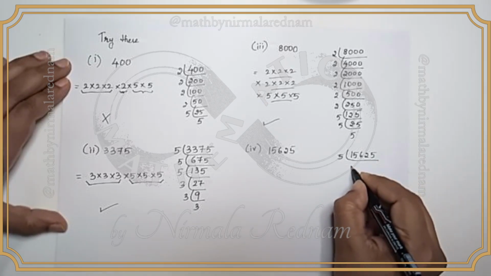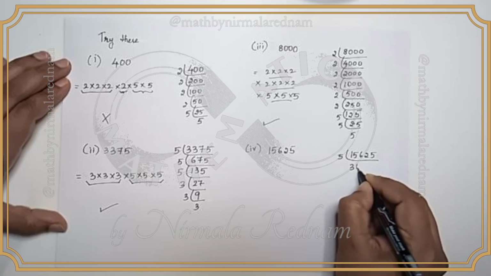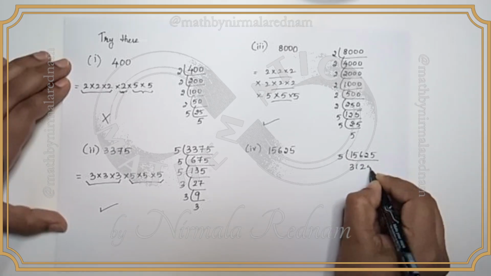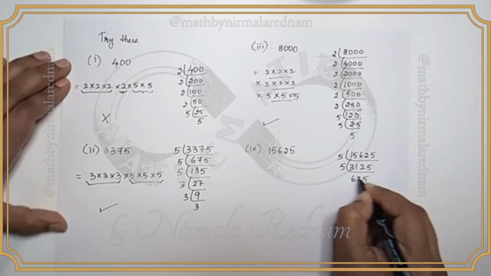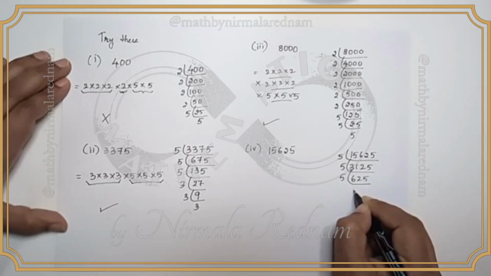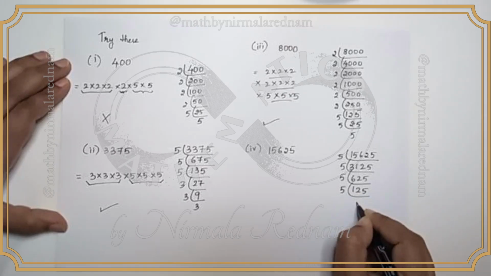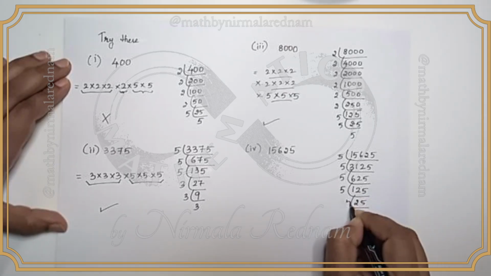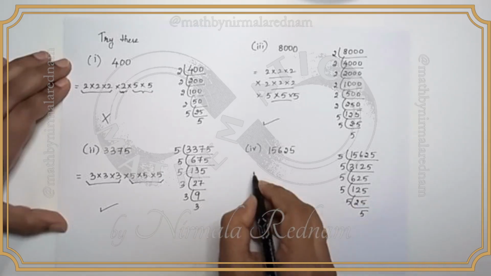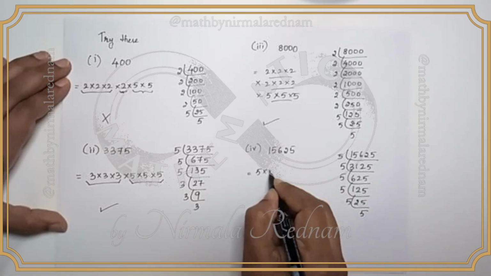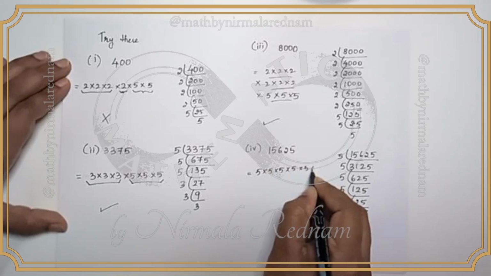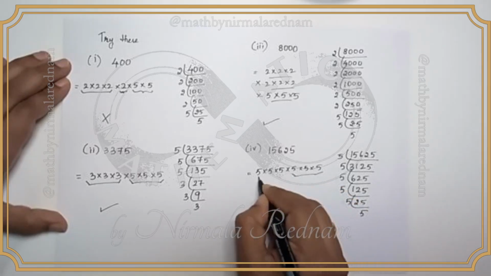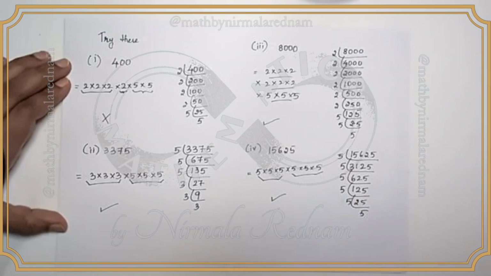Okay, so I have 3125, 625, 125, 25 and 5. So you can see that I have 6 5s here. That makes it two groups of 3, and therefore it is a perfect cube. Okay.